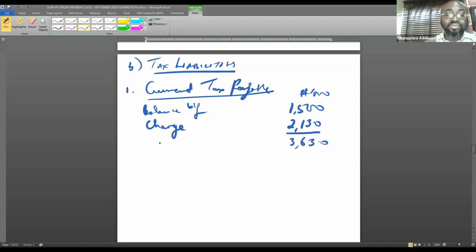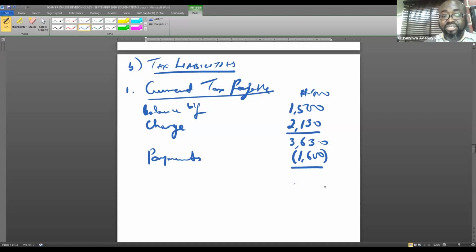3,630. And we made payments in that year of 1.6. How do we arrive at 1.6? 1.5 we provided for last year plus an additional 100 arising from the additional assessment.